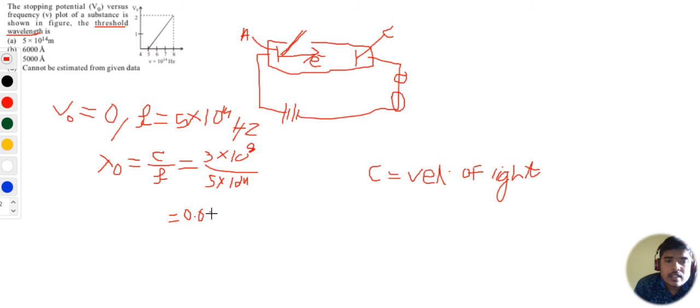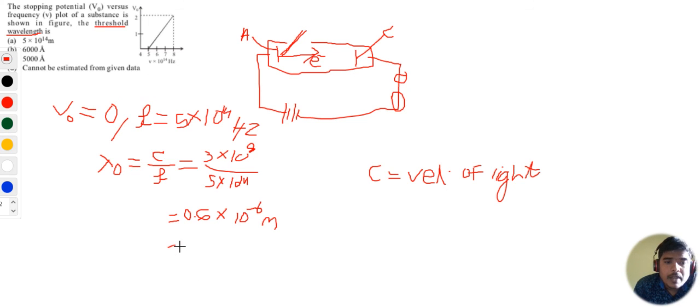From this calculation we got 0.6 into 10 to the power minus 6, and we know the unit of lambda is meter, but according to the option given, we have to convert it.